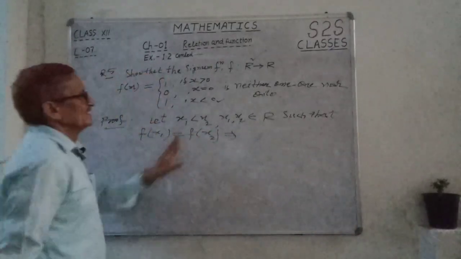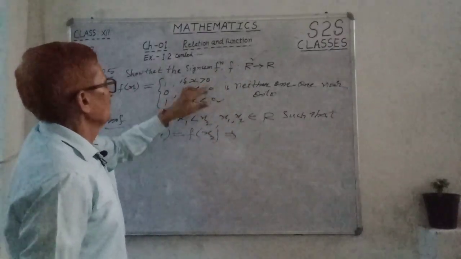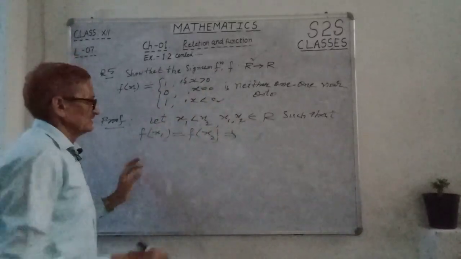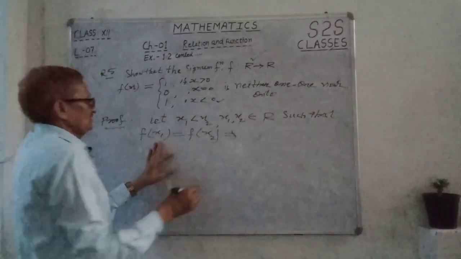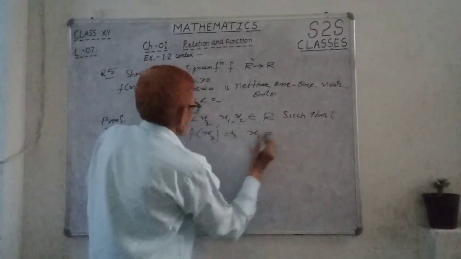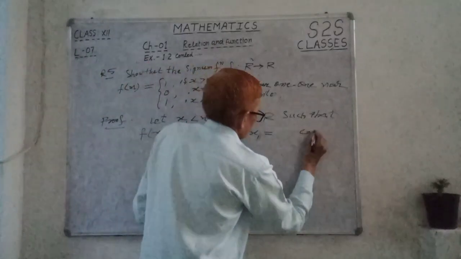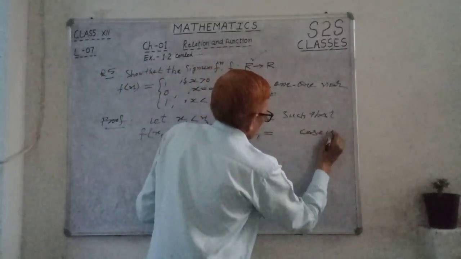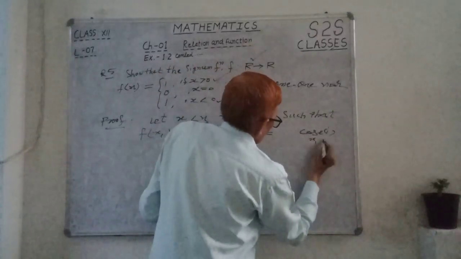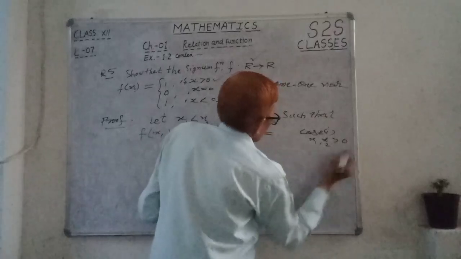This implies, now the nature of the function is given: if x is any positive real number then 1, x equal to 0 then 0, and for all negative numbers, this. Take cases. First case: x1, x2 both greater than 0.